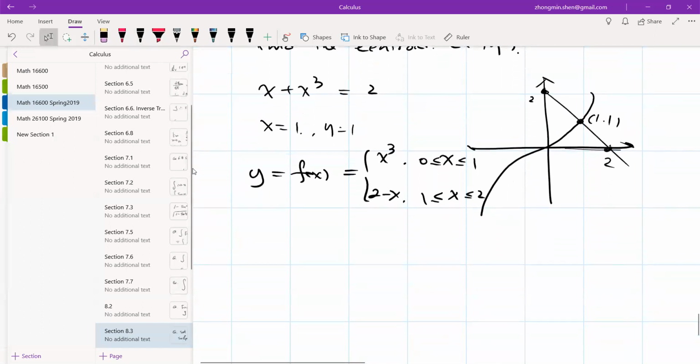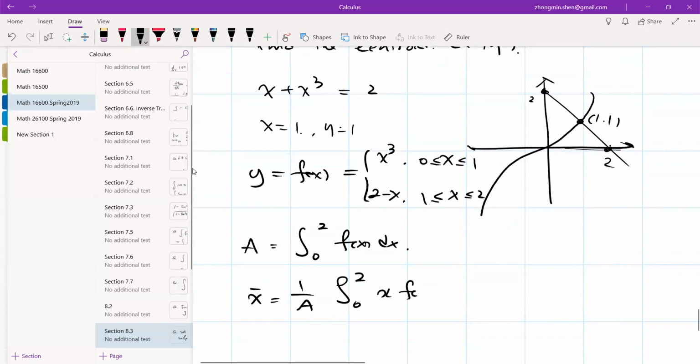So you have to express the region. Then the area is going to be the integral from 0 to 2 of f of x dx. Okay? Then you have to write down the bar. X bar is 1 over A, integral from 0 to 2 of x times f of x dx. And the y bar, yeah, before you do the computation, you write down these two formulas you can use.